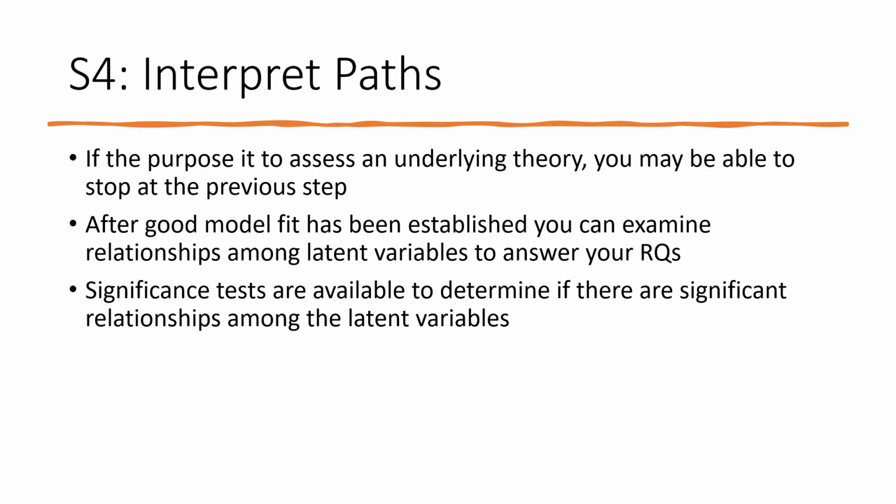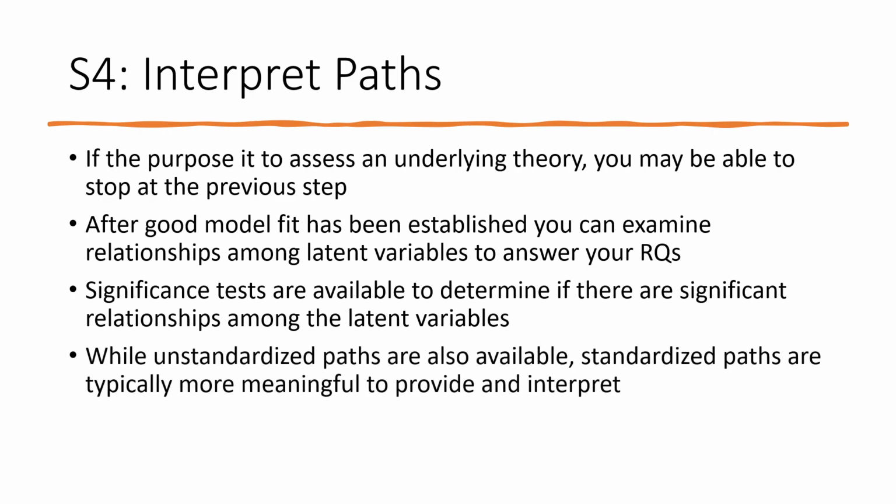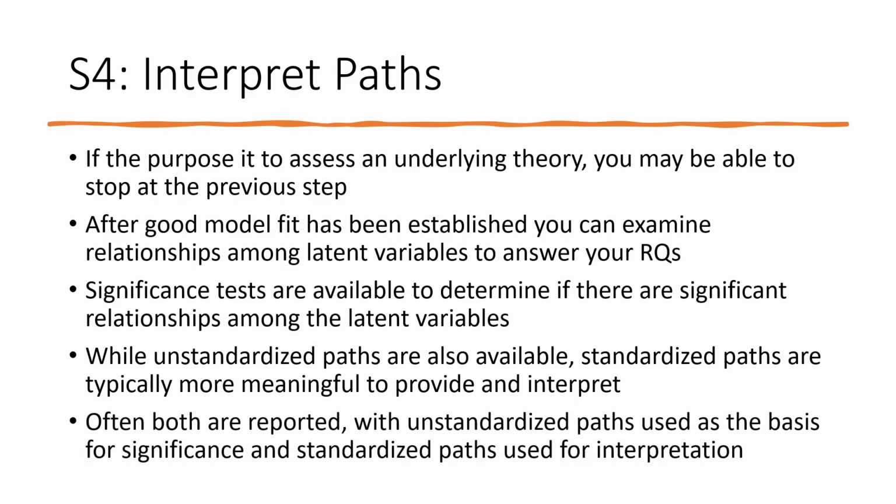There are statistical significance tests available for the paths, so you can use those to determine if the relationships are statistically significant. And while you can use unstandardized paths, standardized paths are typically more meaningful to provide and interpret. Though I say this, both are typically provided.